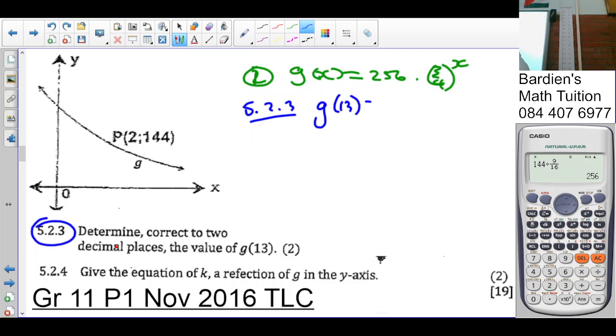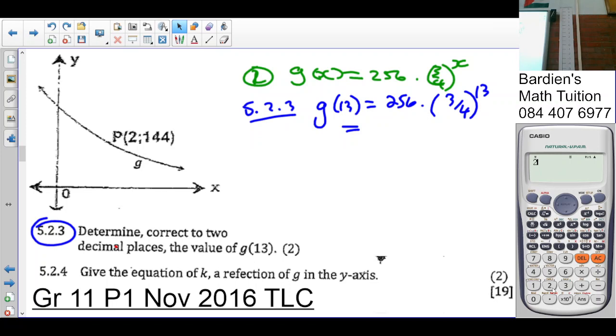So wherever I see x, I put a 13. So it's 256 times 3 over 4 raised to the exponent 13. Please do not do this in your head. 256 open brackets 3 over 4 raised to the exponent 13. So that gives us 6 comma 08.